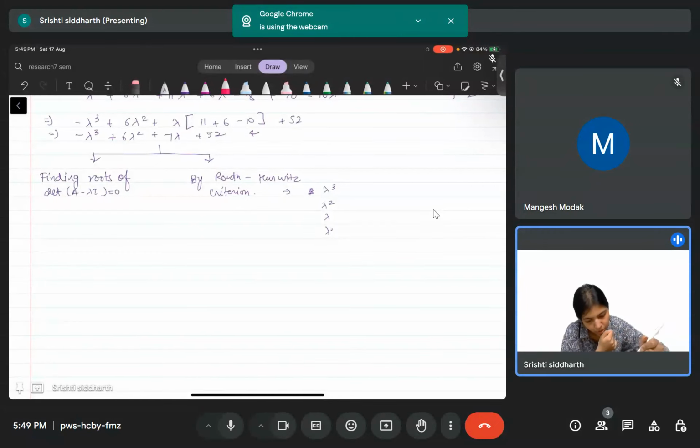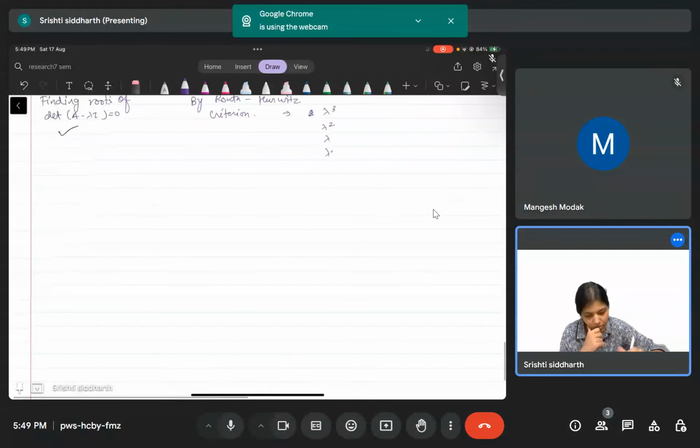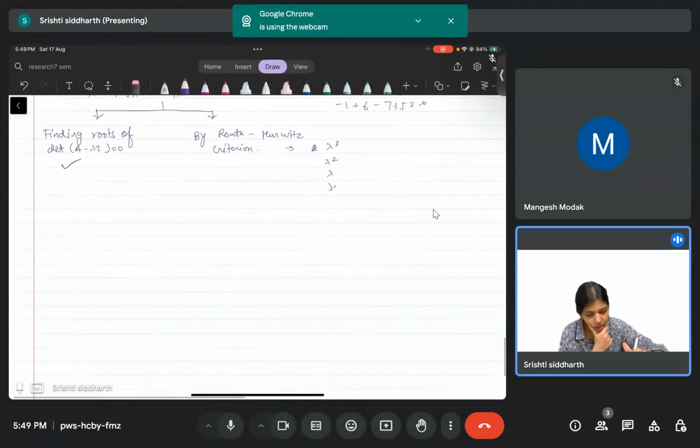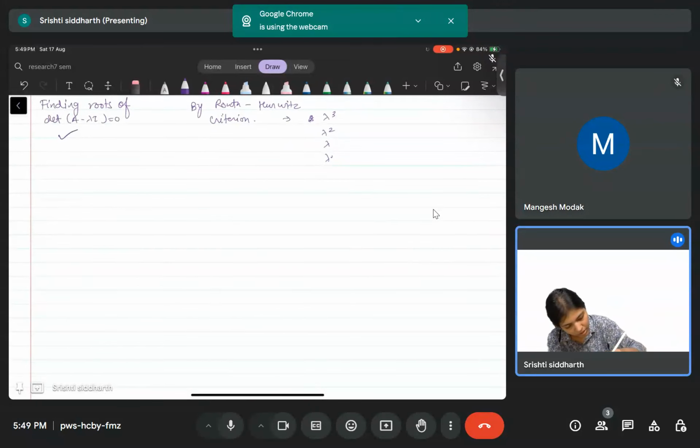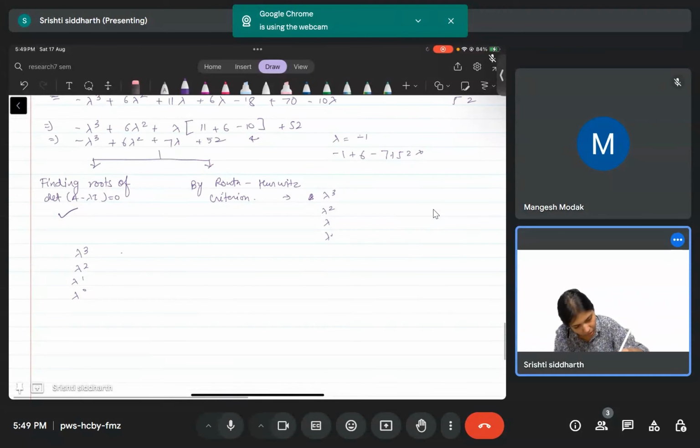There's an easy method to determine the roots of the equation. So let's just create a table. This is a third order polynomial, so lambda cubed, lambda squared, lambda to the power 1 and lambda to the power 0. Then we have minus 1 and plus 7.